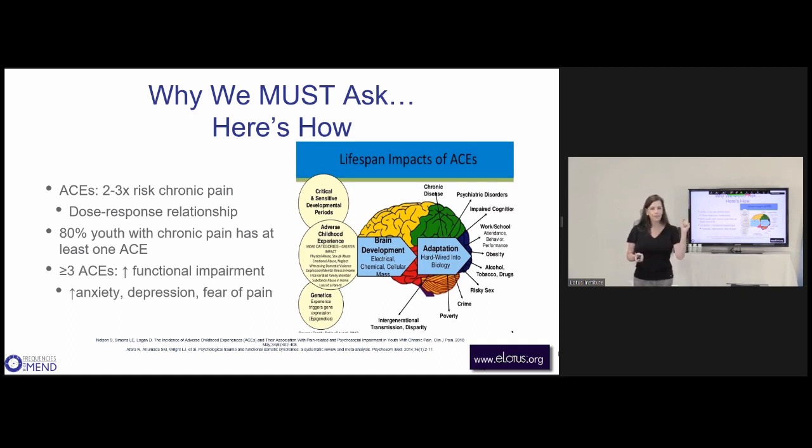So all you need is an ACE score of 2 or 3 in order to have chronic pain. It's a dose relationship. The more ACEs, the more likelihood someone is going to have a problem. And look at this, 80% of youth that have chronic pain right now, they have an ACE score. So this is one of the ways.